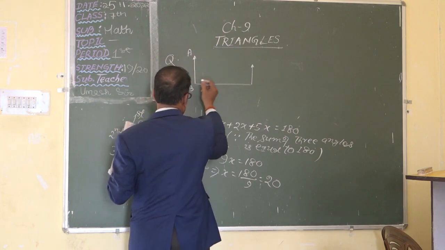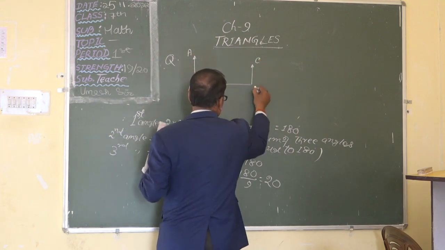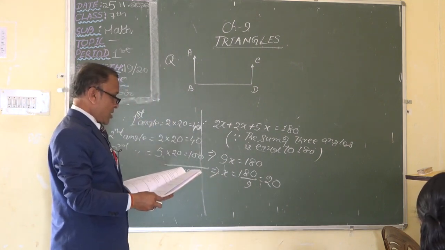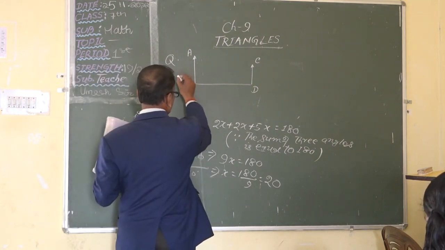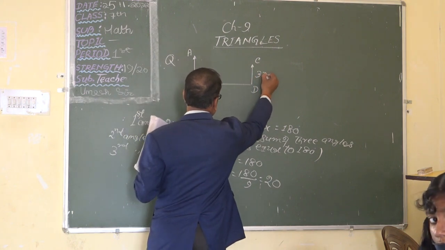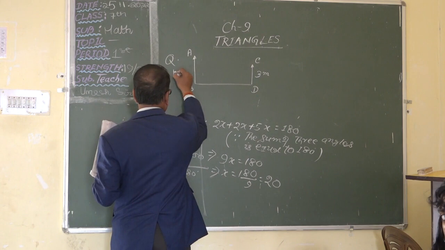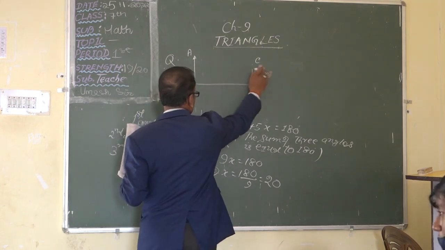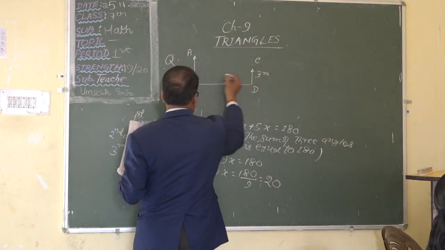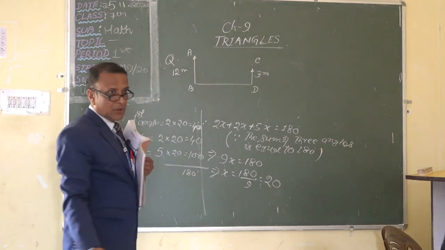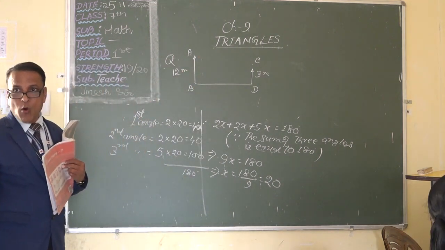Suppose it is AB, one electric pole, CD, it is also one electric pole. The height of the smaller one is 3 meters. The height of the bigger one is 12 meters. AB is 12.